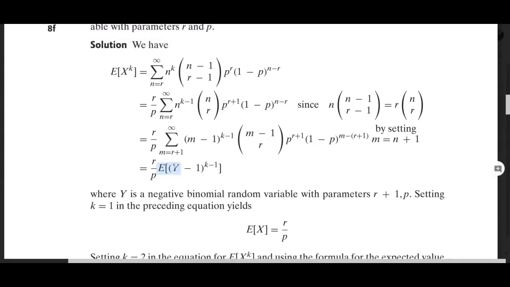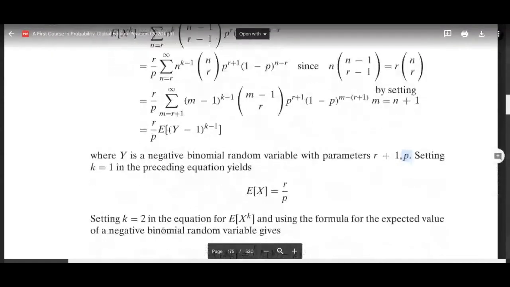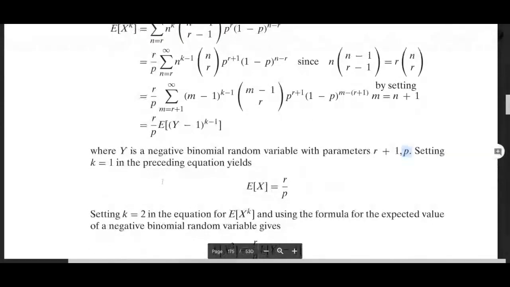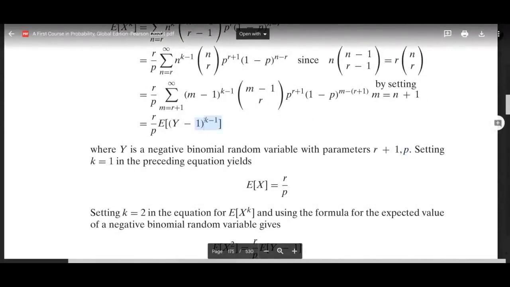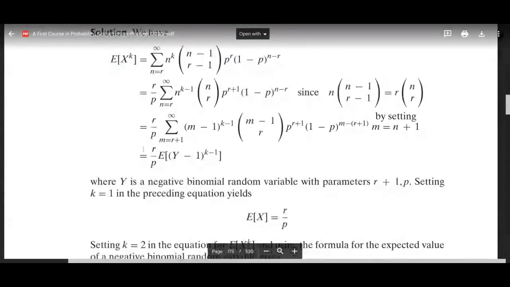What does y represent? Y represents a negative binomial random variable with parameters r plus 1 and p. So setting k equal to 1, we have this x raised to k.